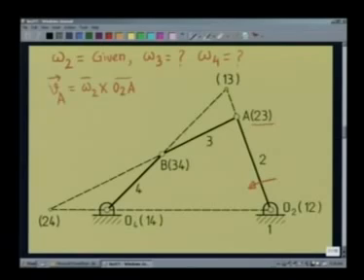And now, let us consider the point A as a point on link 3, and link 3 is rotating at this instant about the point 1, 3.